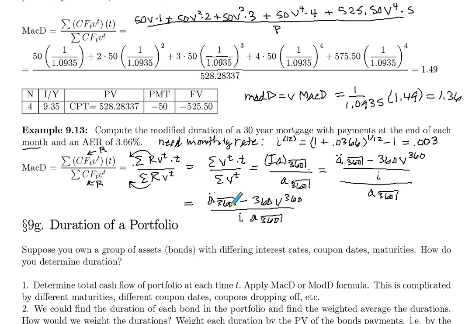And then if you do the calculator work here, figure a angle 360 and ä angle 360, that's not hard to do. You will get 220.6115 for ä angle 360. And then we're going to subtract off 360 times v to the 360, which turns out to be about 0.34, so it's actually 340.145.